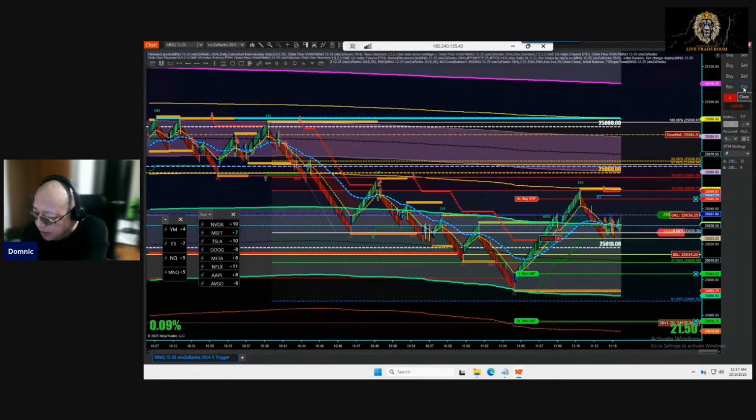Create a reversal bar back down. At least it has a chance to go down. Because if you don't have that reversal bar. Hmm.